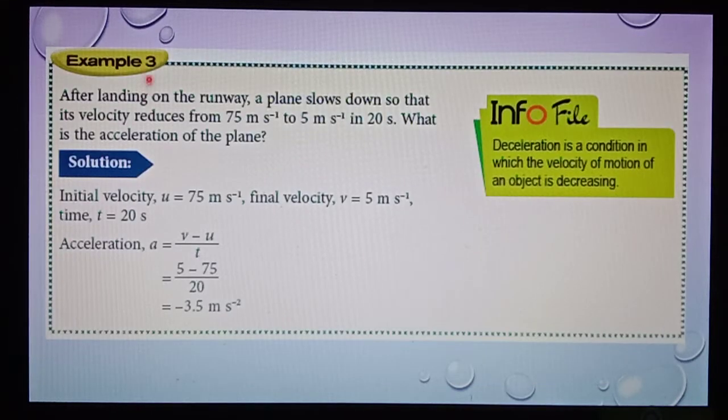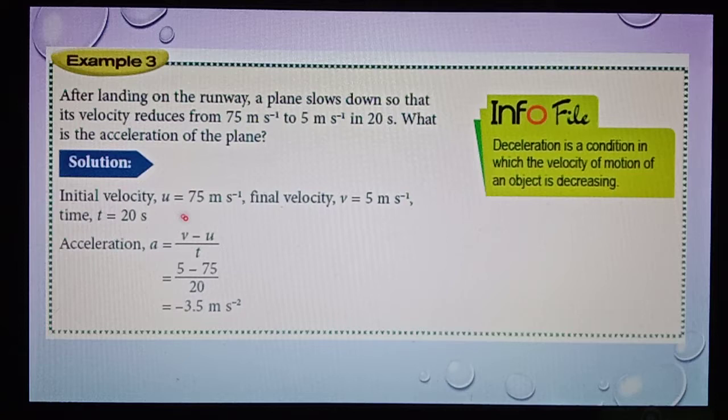Next, example 3. After landing on a runway, a plane slows down so that its velocity reduces from 75 to 5 meters per second in 20 seconds. What is the acceleration of the plane? When you read an example or question like this, identify all the values given and list them down first.